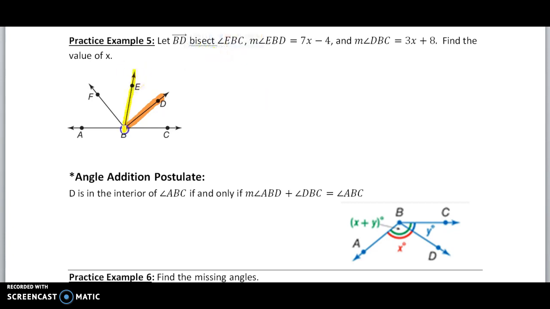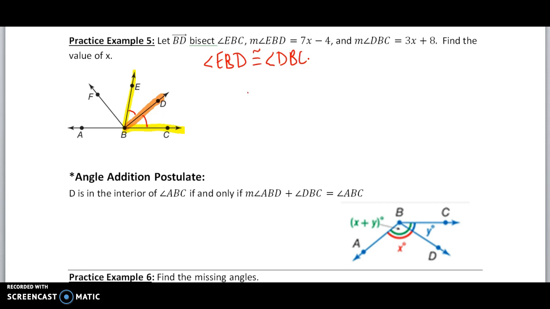So this was one that we already talked about in the last problem. And so when we saw that ray BD bisected angle EBC, we already know that these 2 angles, angle EBD, is congruent to the other half that was created, angle DBC.